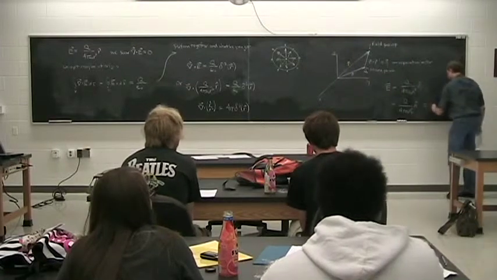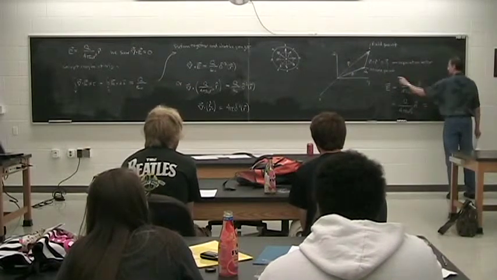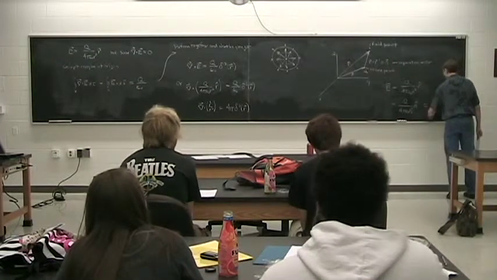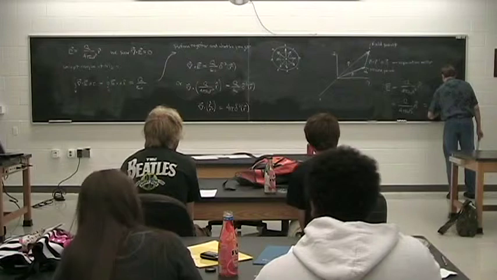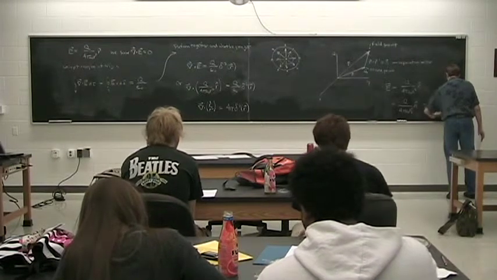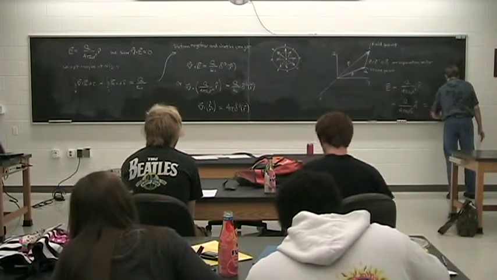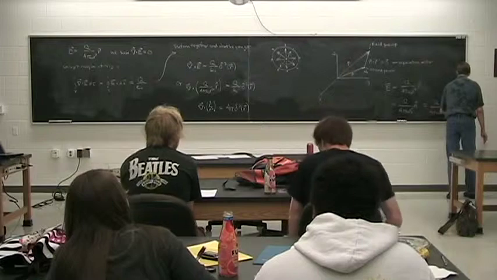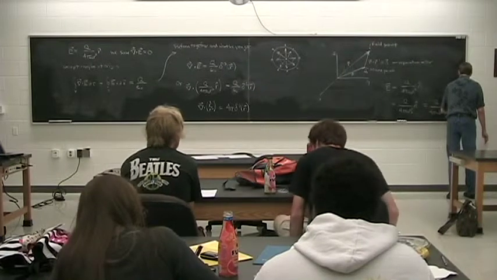And if you don't use this script notation, then the way you'll often see this written is Q over 4 pi epsilon naught times the magnitude of r minus r prime cubed times the vector r minus r prime.